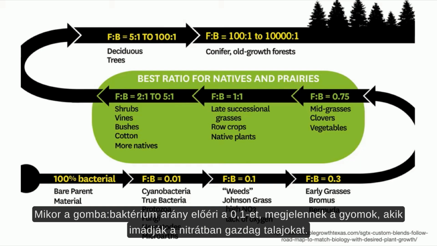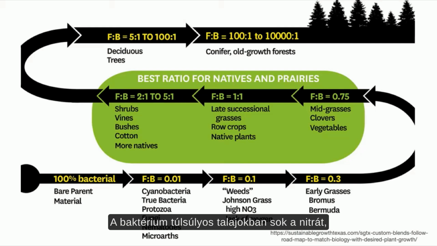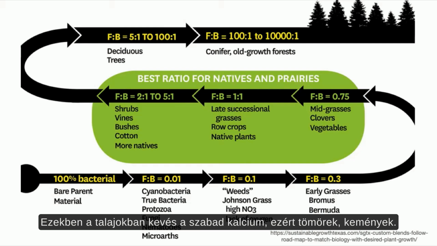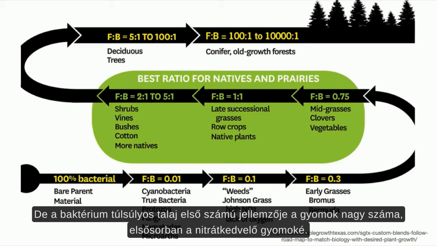When we get to a fungal bacterial ratio of 0.1, this is where we see a lot of these weeds, wild oats, cleavers, things like that, those nitrate accumulators. Because when you're dealing with a high bacterial soil, you're going to have a high nitrate count in those soils. You'll see a relatively low exchange capacity of your calciums. You'll see harder soils, but the weeds are the number one thing, especially the nitrate accumulators.